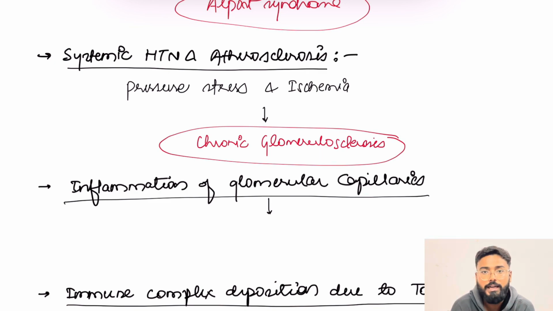And when the cells die, there will be apoptosis, and this whole orchestra of events is going to stimulate fibroblasts, and these fibroblasts are responsible for the sclerosis. So this is how, in lay terms, you can say it is going to cause chronic glomerulosclerosis.